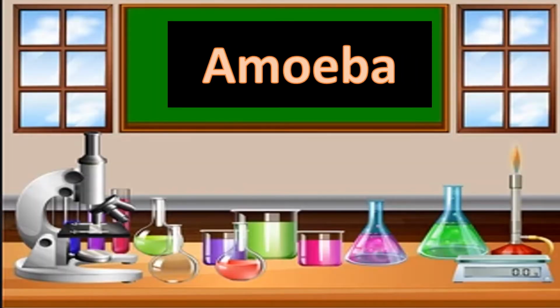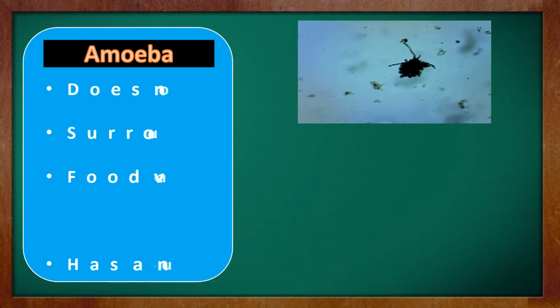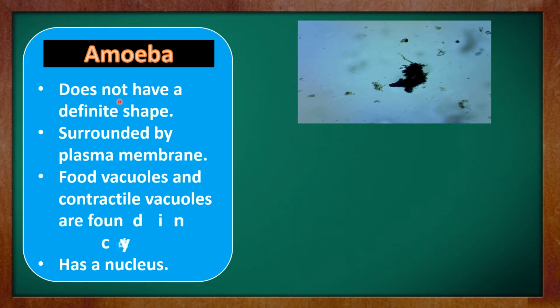Okay, so let's discuss what amoeba is all about. Do you have any idea what amoeba is? Okay, so when we say amoeba, it does not have a definite shape, meaning you cannot say amoeba is a circle, or a square.